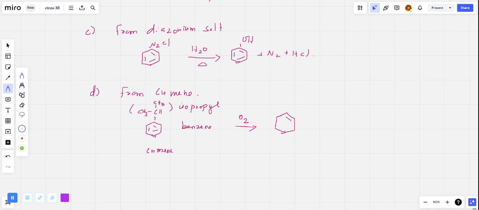The structure will be the benzene ring, and the carbon retains the same CH3, CH3. It will have C-O-O-H, so two O are added to this carbon, and we get cumene hydroperoxide.